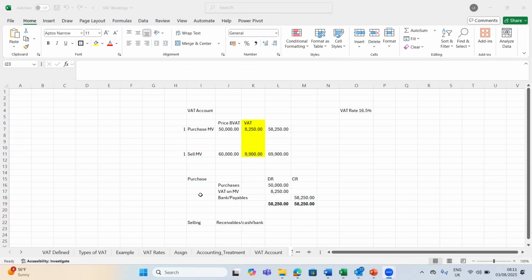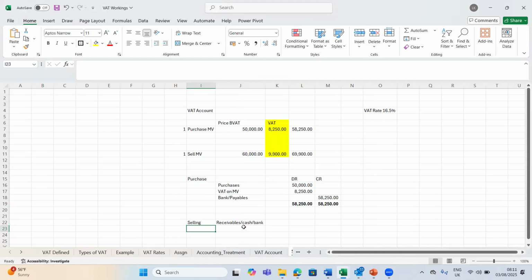So the debit will go to bank or cash or receivables. With how much? How much are we receiving? We are receiving the whole amount after selling, right?